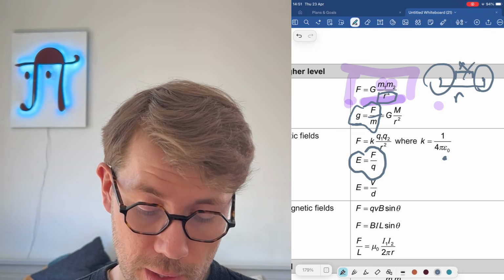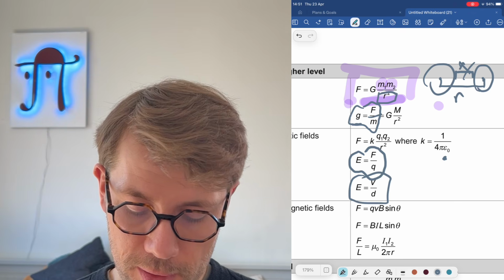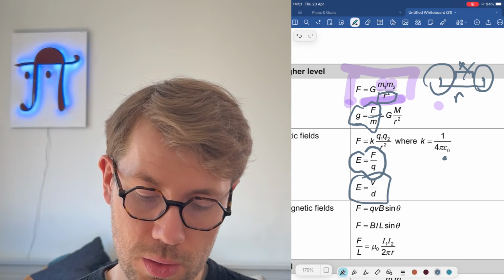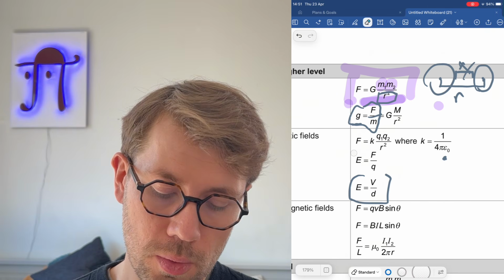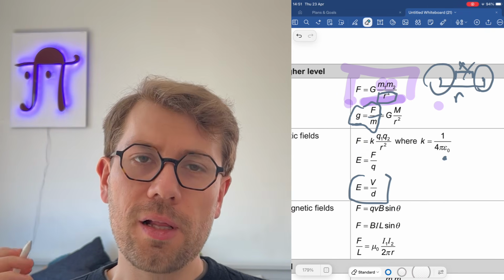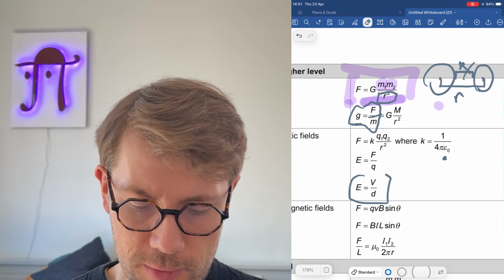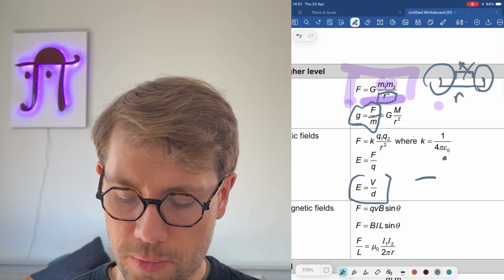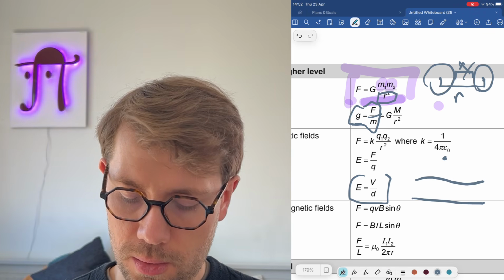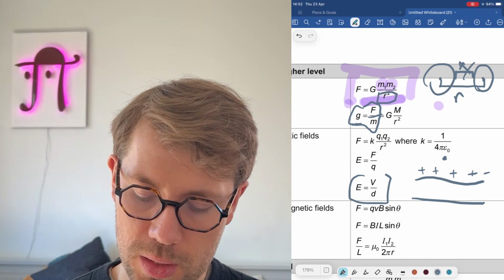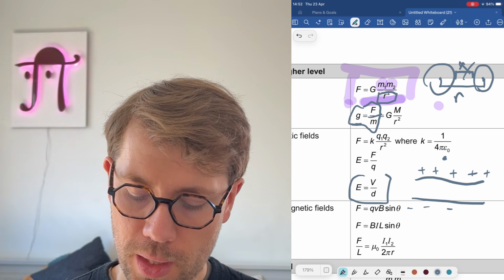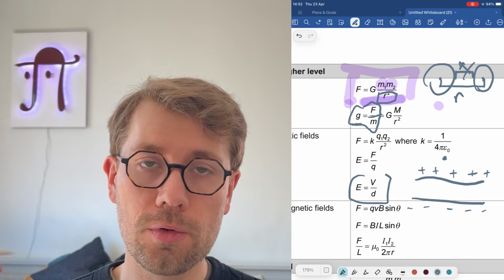But we do have another equation for field, but this is field in a very specific situation. This is the electric field between two parallel plates. So you'll have seen this on an exam before. You've got one plate which is positively charged and one which is negatively charged, and there will be a field between those two plates.